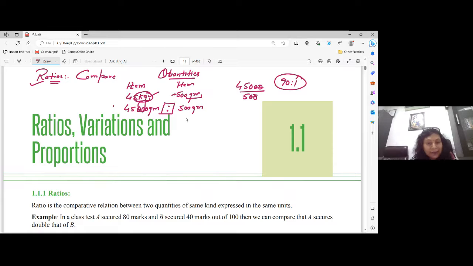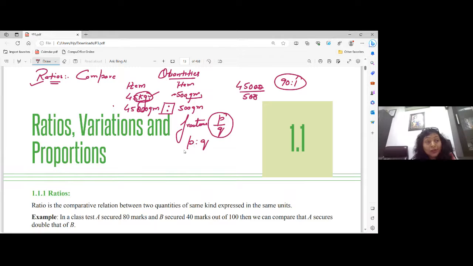So ratios are expressed either as fractions, in the form P upon Q, or in the form P colon Q. If we are comparing just two items, we can represent them as fractions.